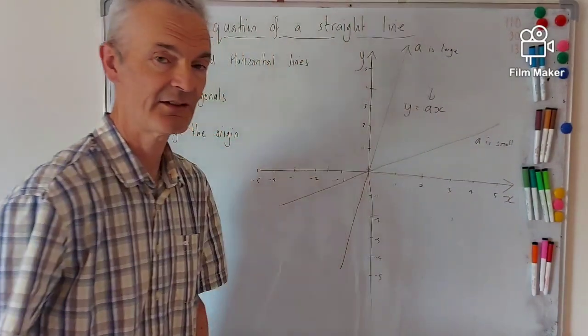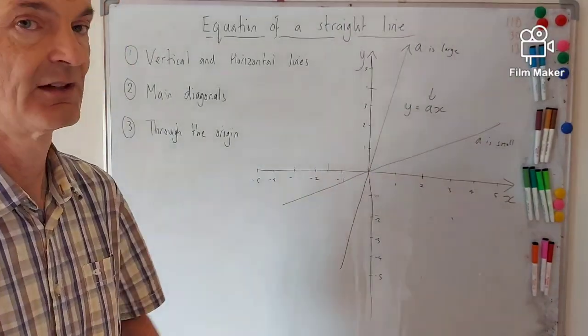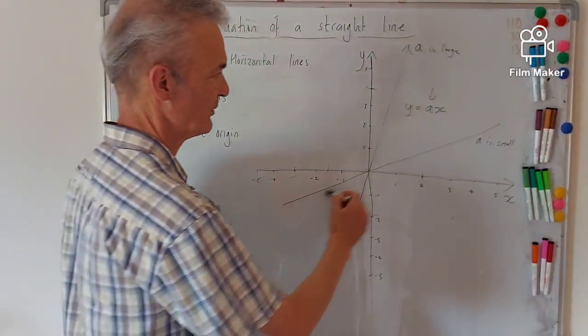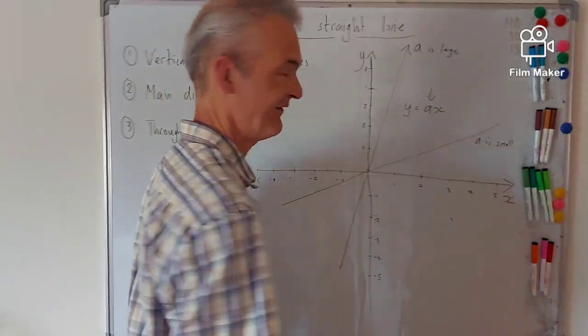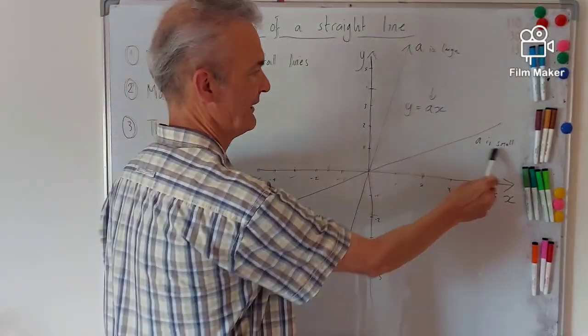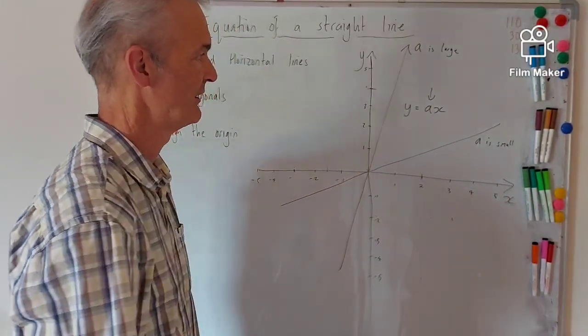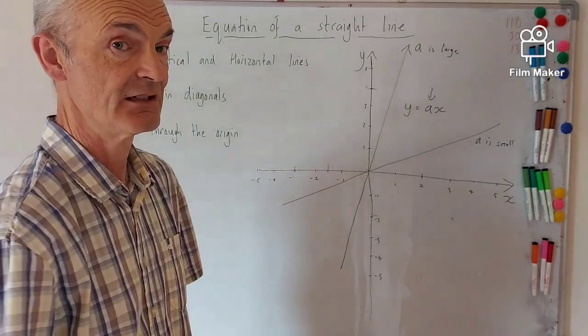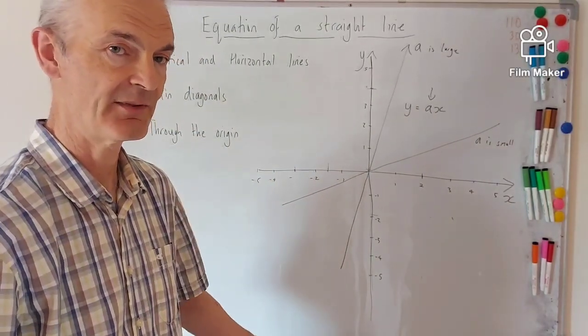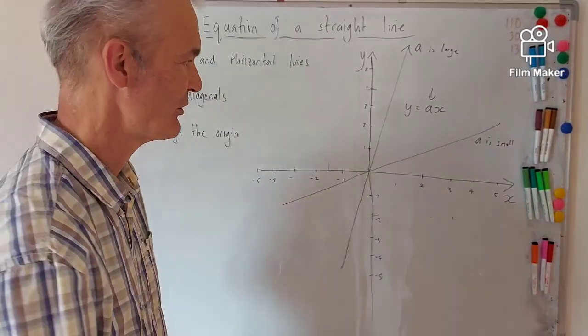So it tells us something about the steepness of that line. This one's a fairly flat line, so a is going to be small, less than 1. This one's a very steep one, so a is large, and it's going to be telling us how steep it is, much steeper.